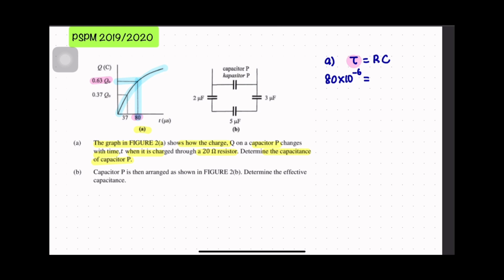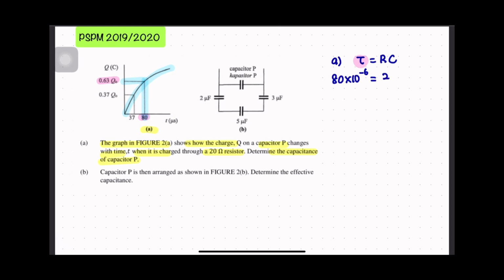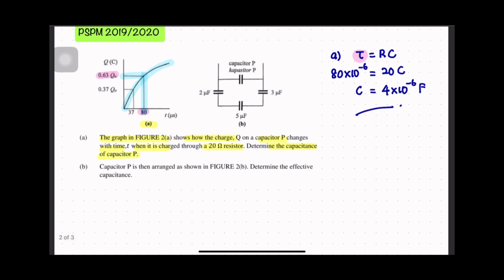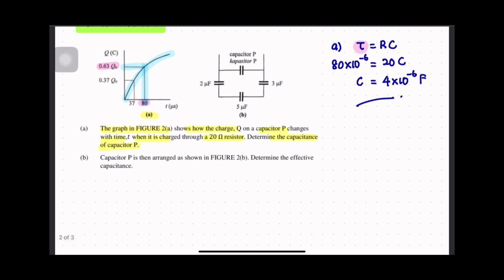Okay, so darab dengan R is 20 ohm and then times with C. So C kita akan dapat sama dengan 4 times 10 to power of negative 6 farad. Direct je. Okay, dan soalan chapter 2 ni dia punya markah tak banyak lah. Okay, for B, capacitor P is then arranged and shown in figure 2B. Determine the effective capacitance.